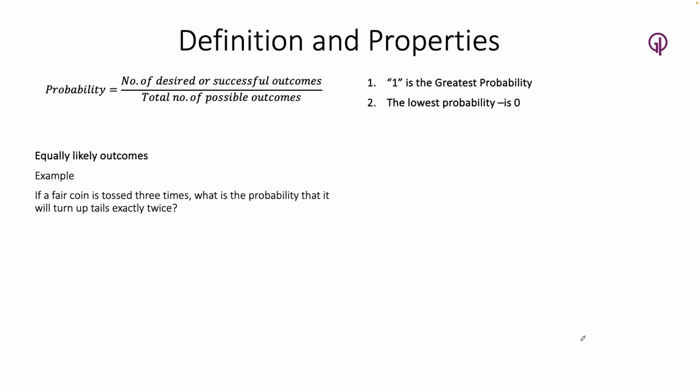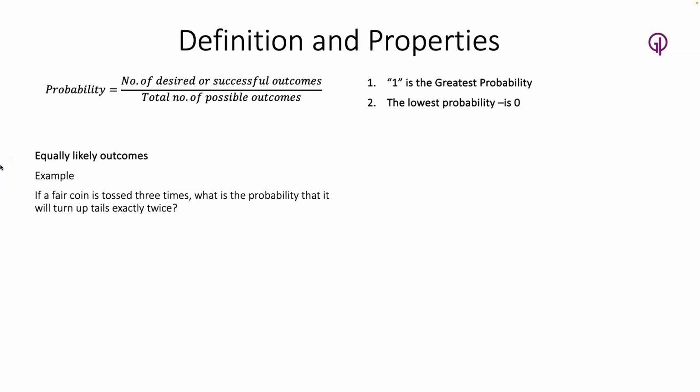For events with countable outcomes, probability is defined by this fraction: number of desired or successful outcomes all over total number of possible outcomes. This fraction assumes that all outcomes are what? Equally likely.